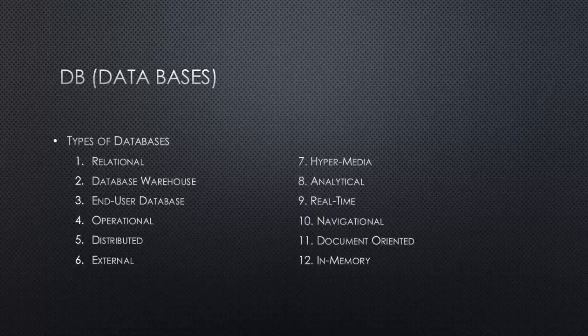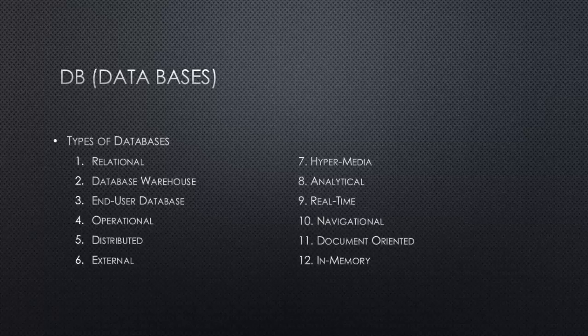Operational is extremely large in terms of the day-to-day activities. So for a business, it might be the sales data or inventory management. An operational database is also called a production database.